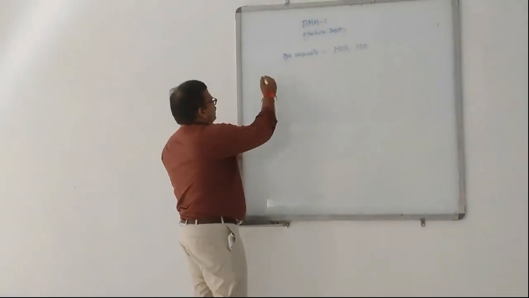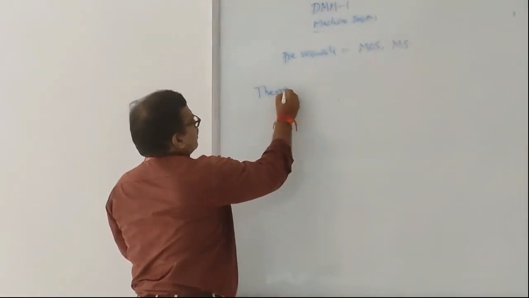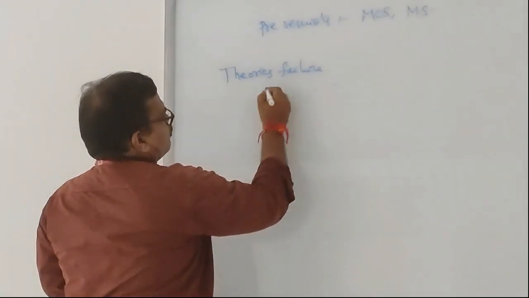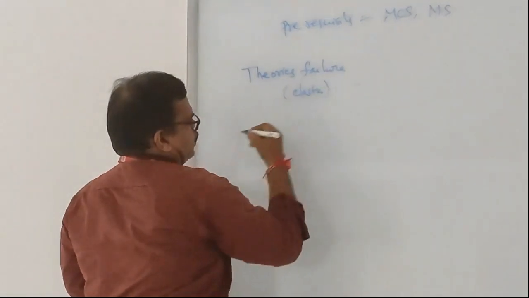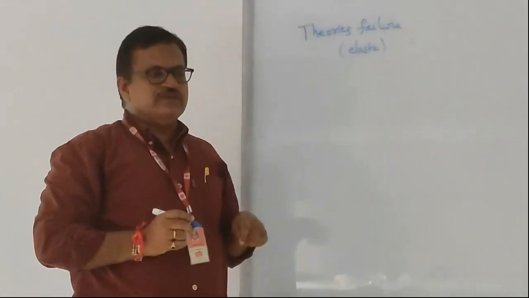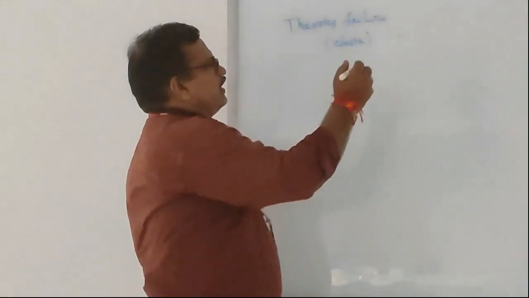Next, we have theories of failure. We may call them theories of elastic failure. There are totally 5 theories of failure, but popularly 3 theories of failure are used.